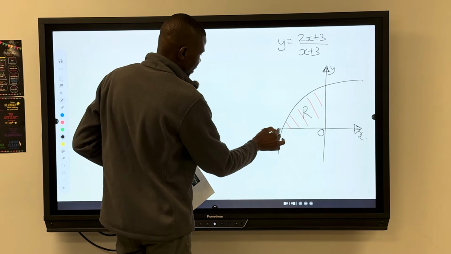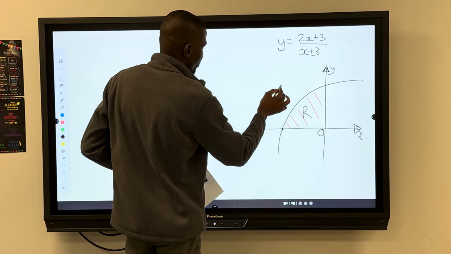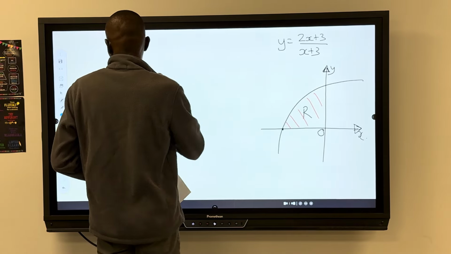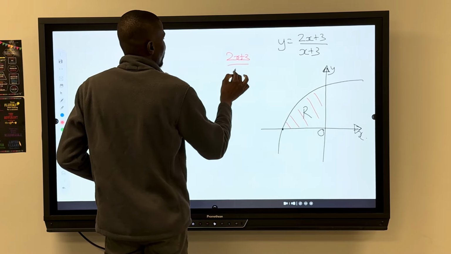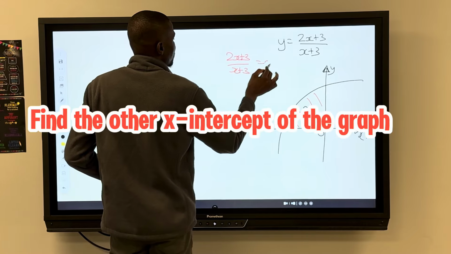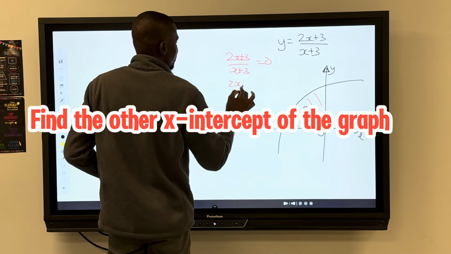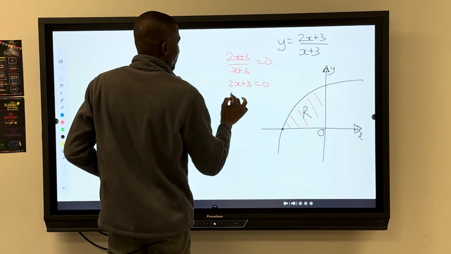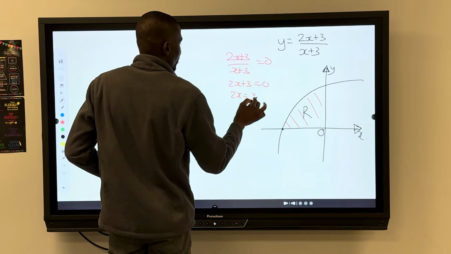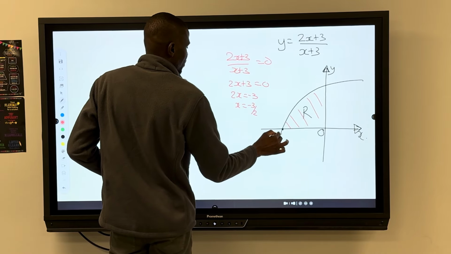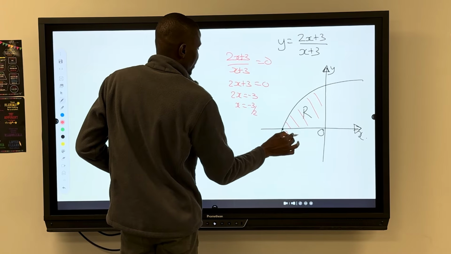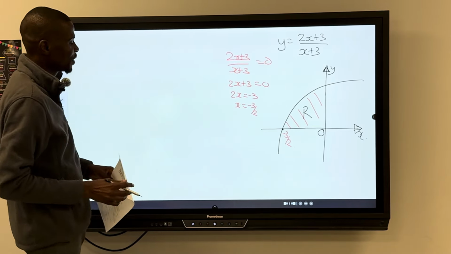So to get this limit here, we set the equation equal to 0. So when we do (2x + 3)/(x + 3) equal to 0, it implies that 2x + 3 equal to 0, 2x equal to -3, so x equal to -3/2. So here it is, -3/2.